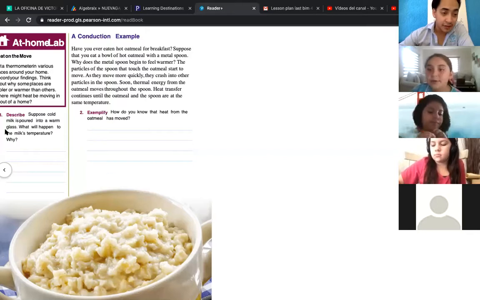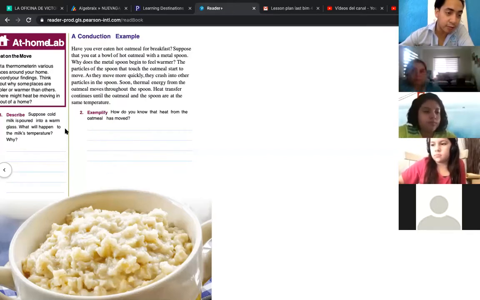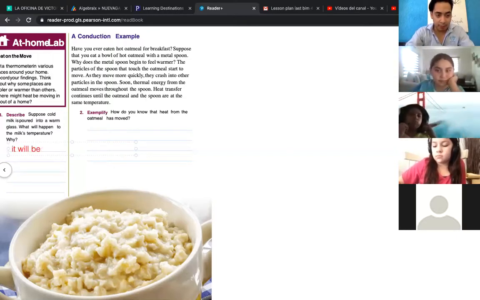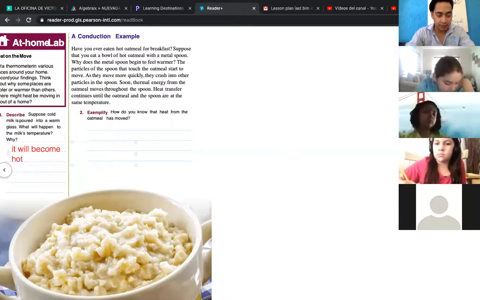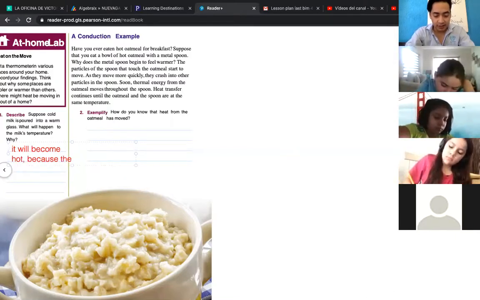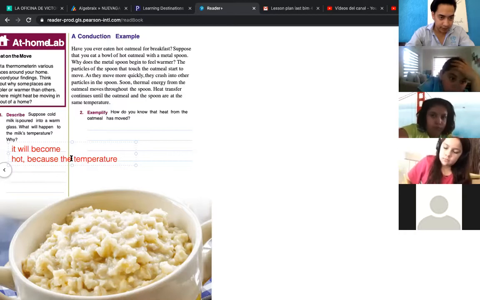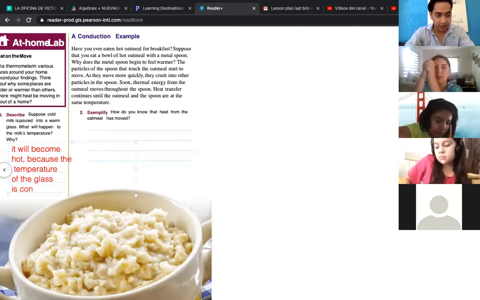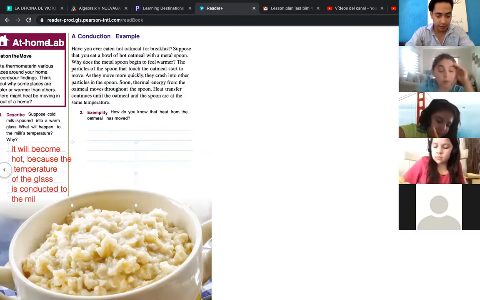So it says, suppose cold milk is poured into a warm glass. What will happen to the milk's temperature? Amsi says it's going to become hot. So here we're going to put, it will become hot, comma, because the temperature of the glass is conducted to the milk.